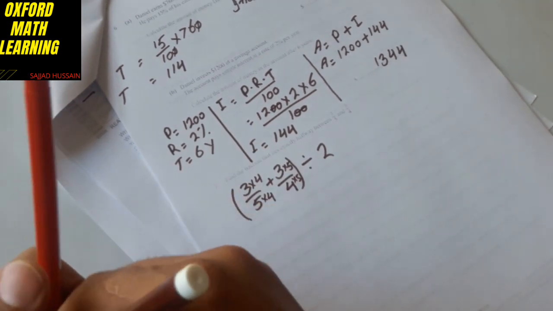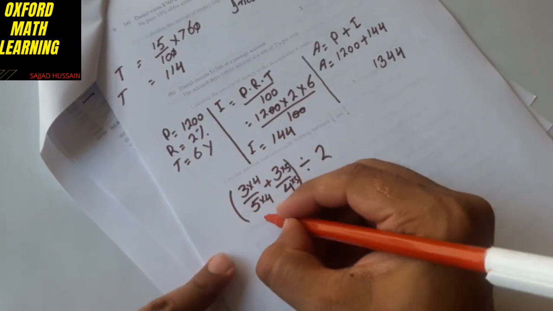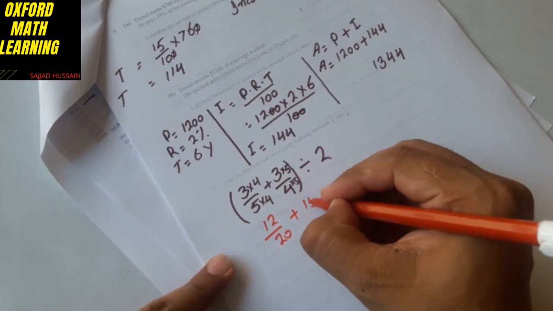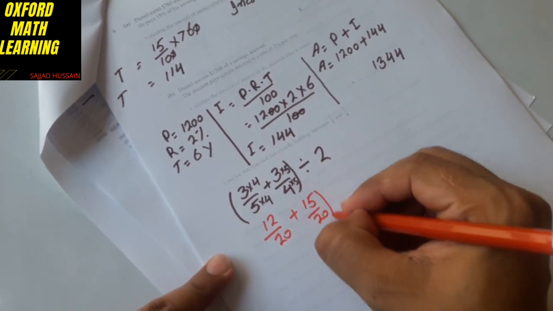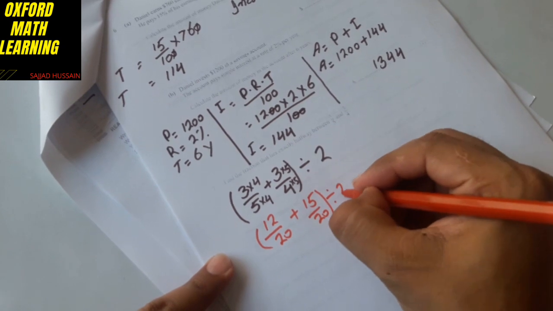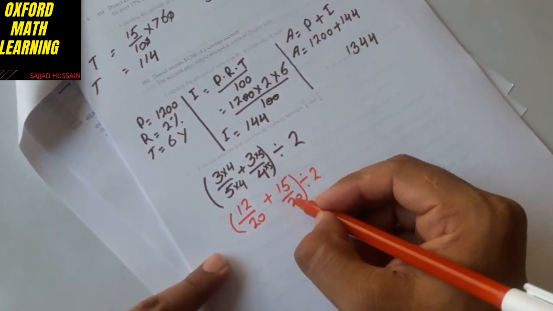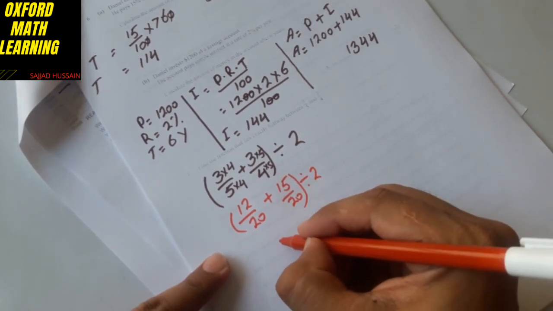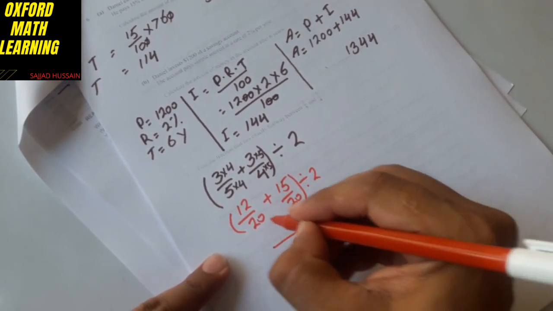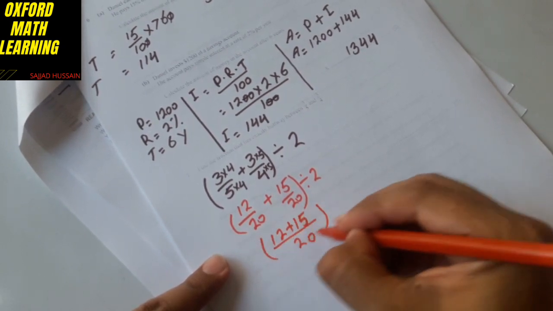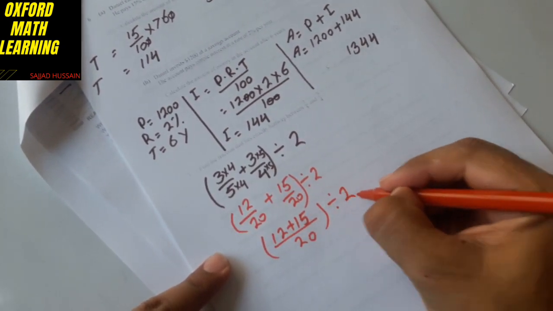So this will become 12 over 20 plus 15 over 20, divided by 2. Okay, then 12 plus 15 over 20, the LCM will be 20. 12 plus 15 over 20, divided by 2.